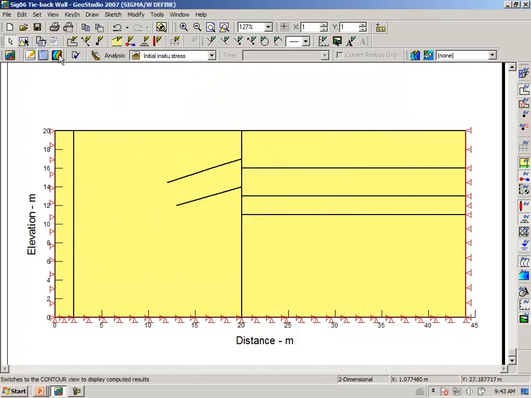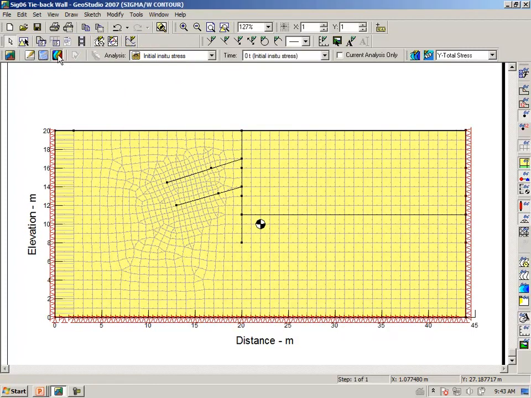Going to the results view, at this stage we need to know what is the lateral stress where the wall is going to exist. What is the stress distribution in the ground here before we come along and take away all of this material here?